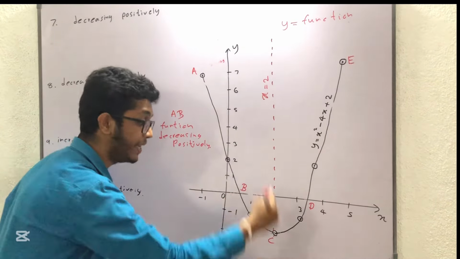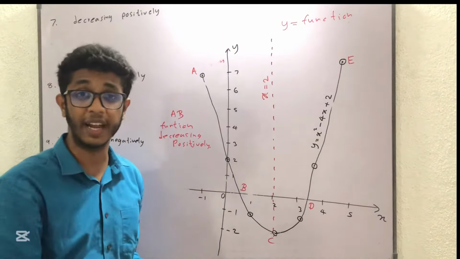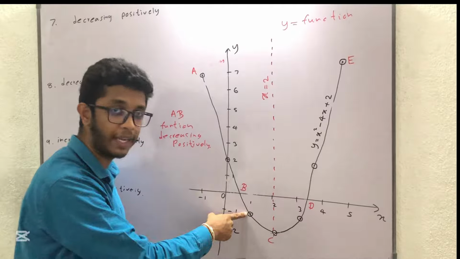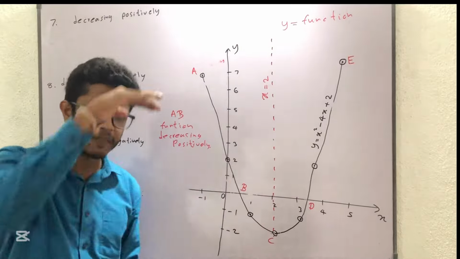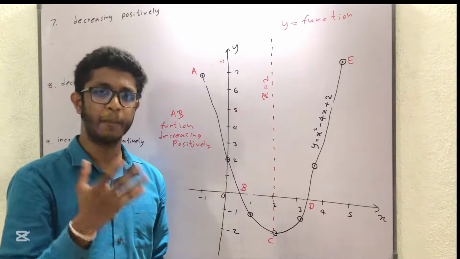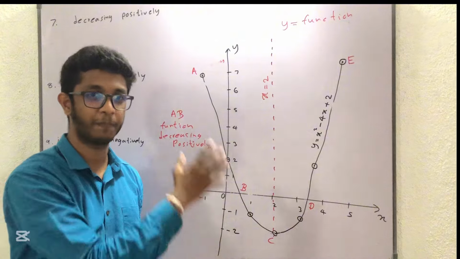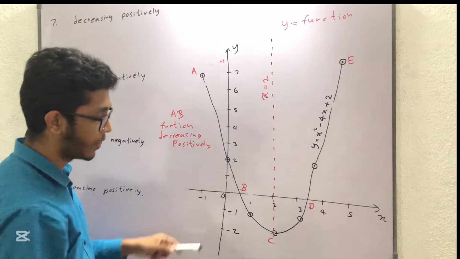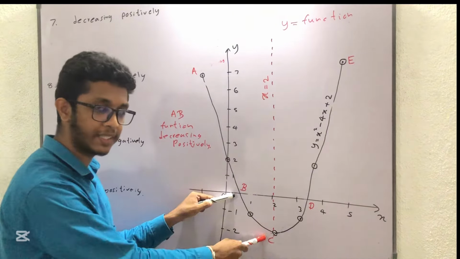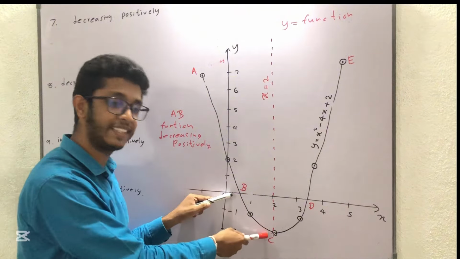What can we say about the BC part of the graph? In this BC part of the graph also, y values are decreasing. Here the y value is -1, y value is -2, so y value is decreasing. What can we say about the sign? Are they positive or negative? Here in this BC part, all those y values are negative. So we call BC part the graph part in which the function is decreasing negatively.